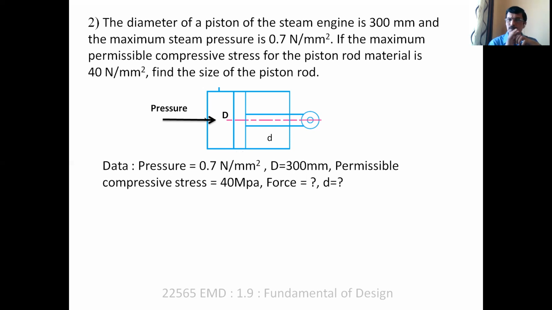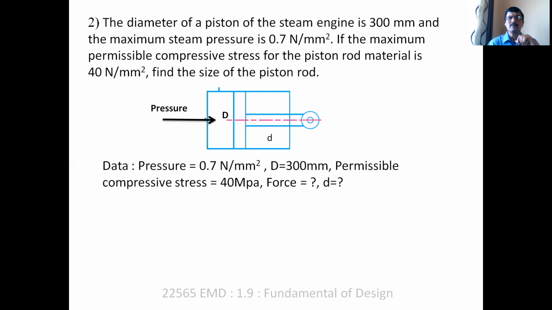How to find that force first? Once we get that particular force, then with force divided by area, we can find the diameter d, just like our previous problem. So to find the force, here the force is the force on the piston, and the same force is carried away by the piston rod.